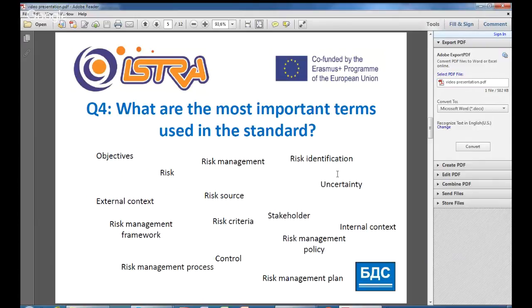Risk management plan. The risk management plan is a scheme within the risk management framework which specifies the approach, the management components, and resources to be applied to the management of risk. Risk management process.